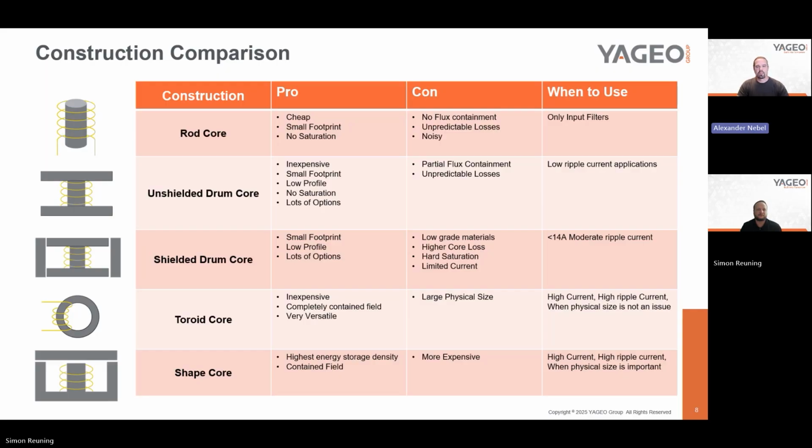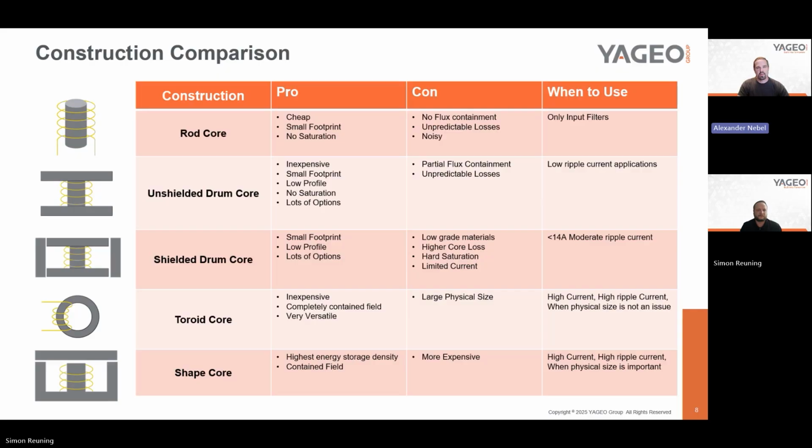And the shielded drum core is also for low currents, less than 14 amps, with a moderate ripple current, but as I said, where you might have additional products next to the inductor which might have an impact. The toroidal core can be used for high current and also for high ripple current, and when the physical size is not a big issue.